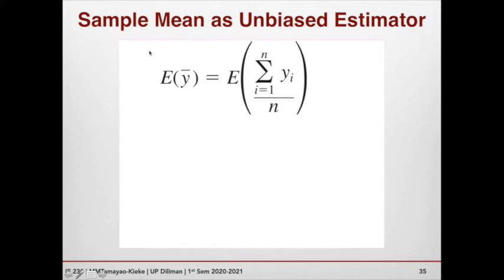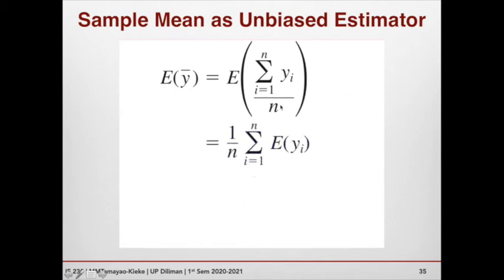The following proof shows us that the sample mean is actually an unbiased estimator of the population mean. So what we want to prove is that the expectation of our sample mean will be equal to mu. Recall that the formula for the sample mean is just equal to the summation of all y's divided by the number of observations. So we get the expectation of this.